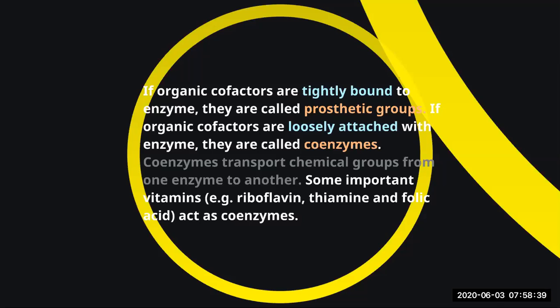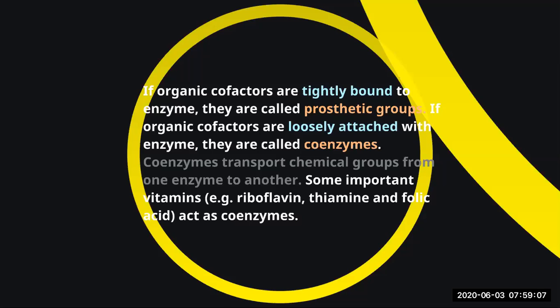The function of the coenzyme is to transport chemical groups from one enzyme to another. There are different kinds of chemical groups, like alkyl groups, carbonyl, carbonic acid, or different kinds of bonds, radicals. According to the demand, coenzymes transport chemical groups from one enzyme to another.